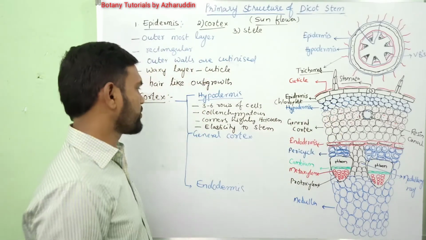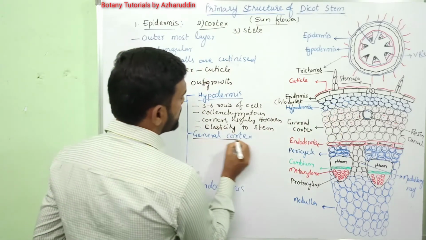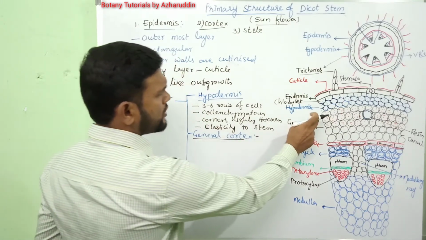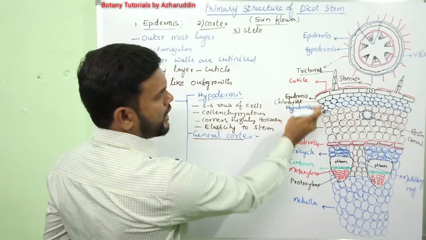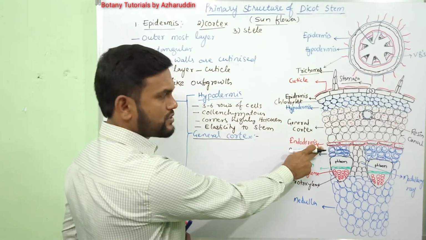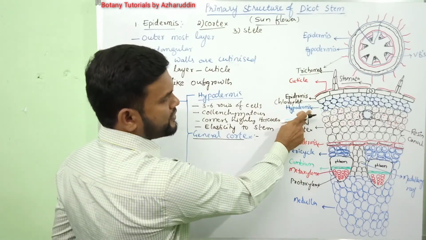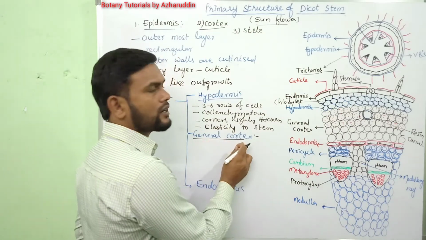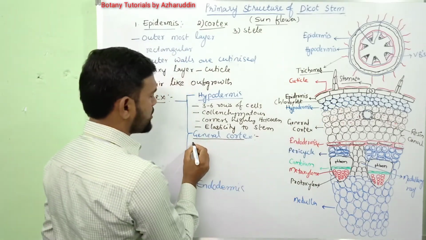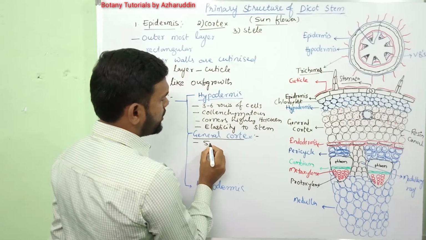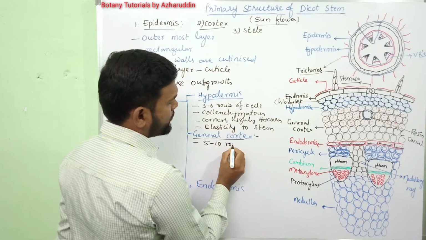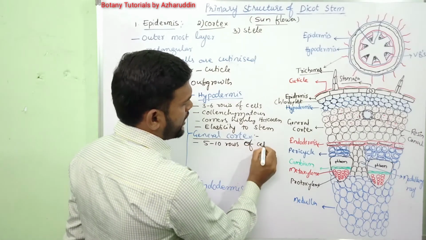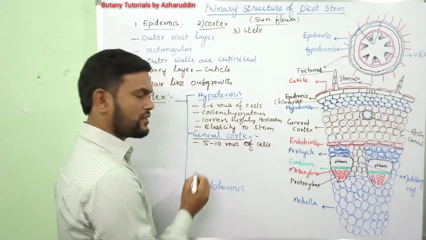Do you understand? Next, general cortex. This general cortex is present between the hypodermis and endodermis. The tissue which is present between hypodermis and endodermis is called general cortex. This general cortex is composed of 5 to 10 rows of cells, and they are parenchymatous in nature.